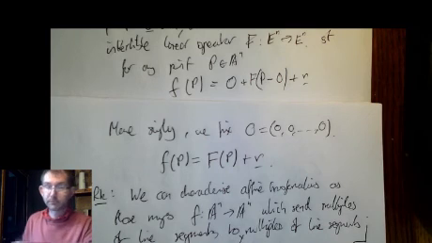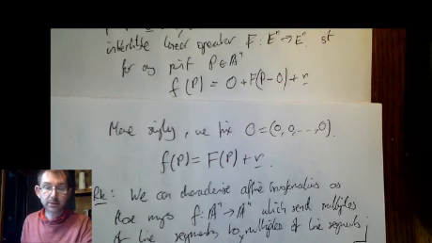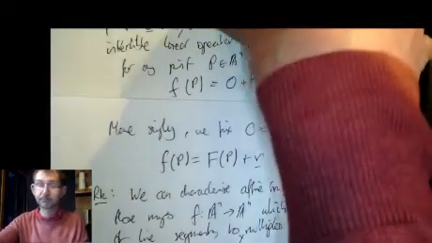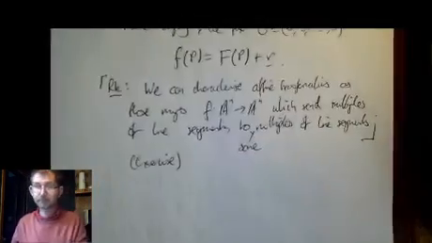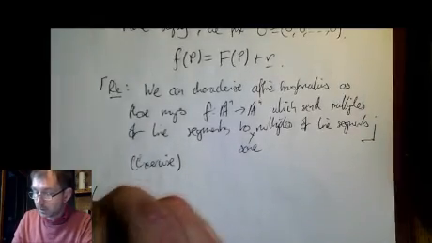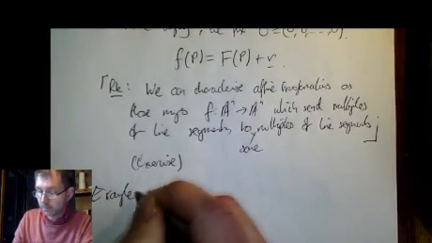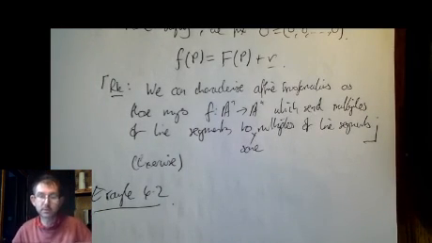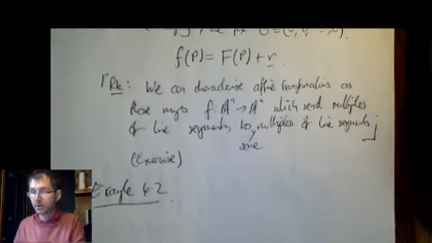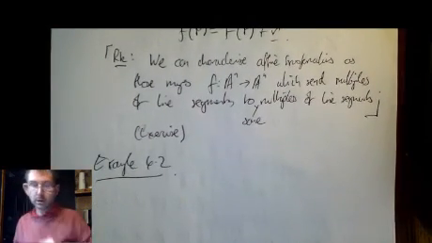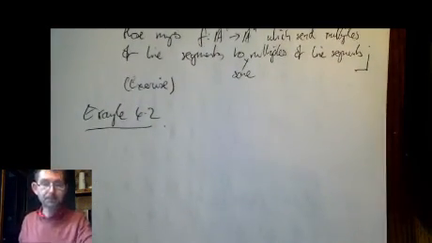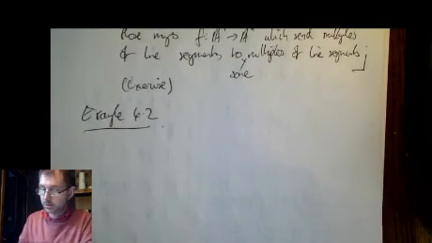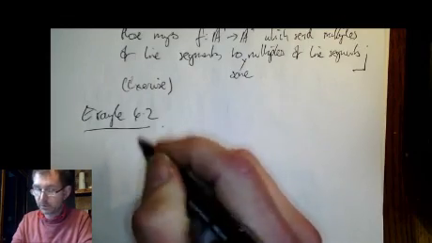Right, let's look at some examples. So we'll start with example 4.2, and there's a nice picture in the notes of this particular example, but I'll treat this in a little bit more of a calculation way, a very similar idea.